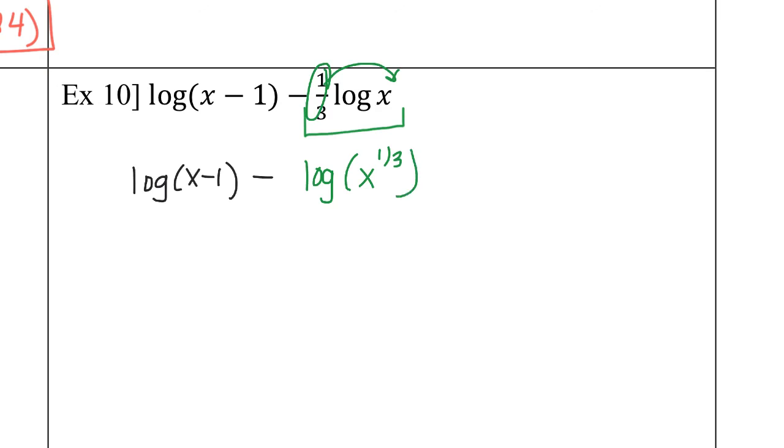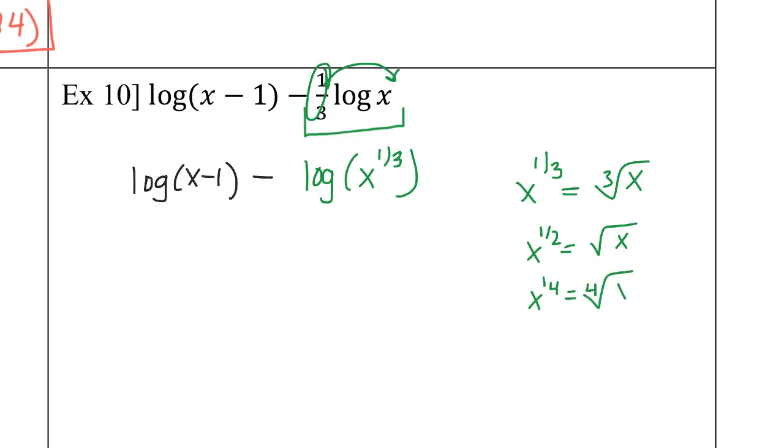Now, we don't really like fractional exponents, so let's recall that a 1/3 power is actually a cube root. Just like a 1/2 is a square root, a 1/4 is a fourth root, and the list could go on. If you did x to the 1/6, you would have a sixth root, and so on. So let's change that second log into its radical form.